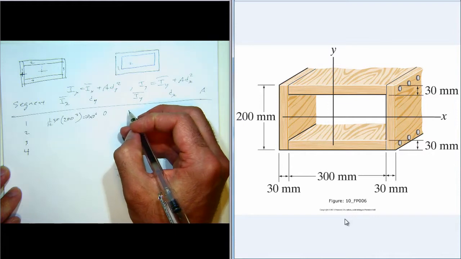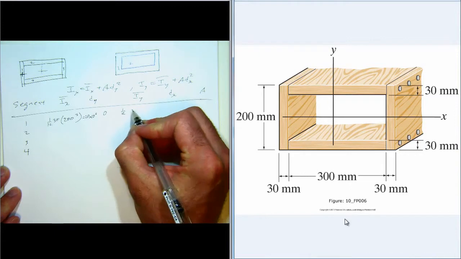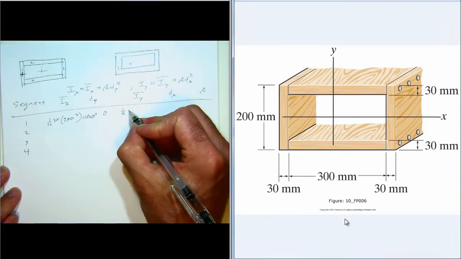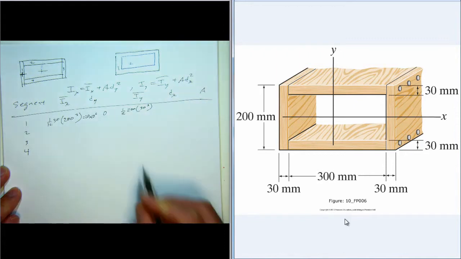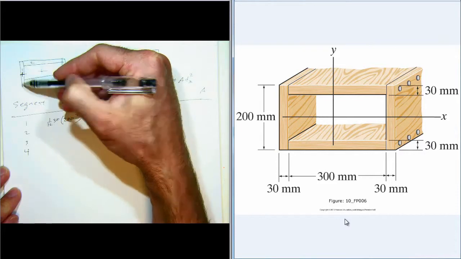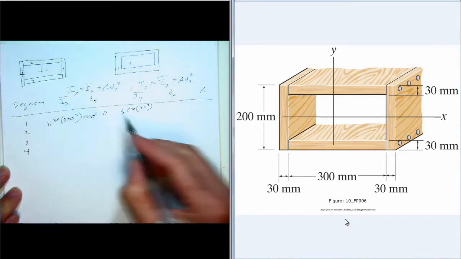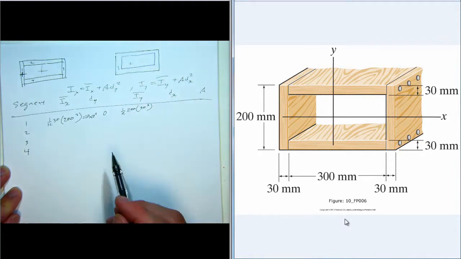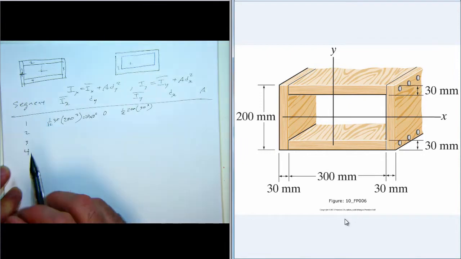And Iy is 1/12 times 200 times 30 cubed. The dimension now, the 200 is parallel to the y-axis, so that's why it's not cubed. And dx now is 150 plus half of 30, so 165.